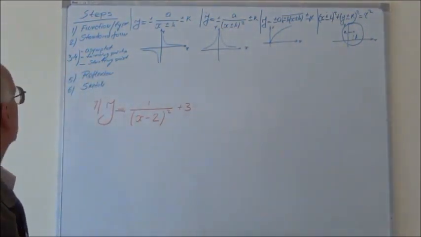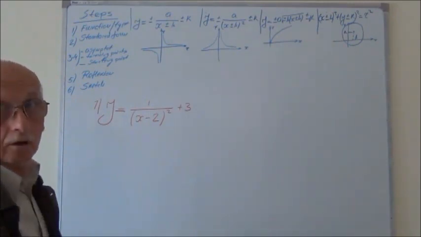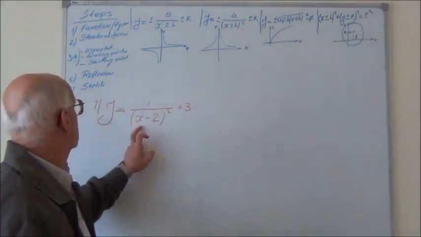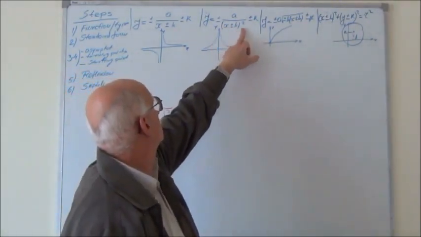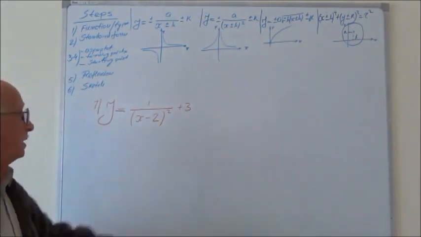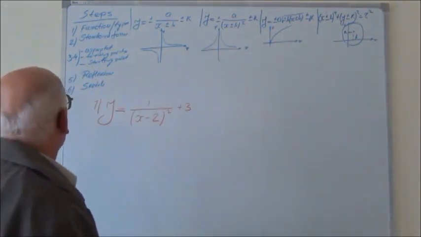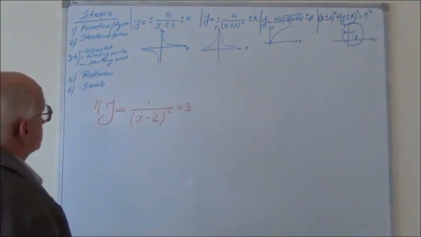Is this truncus in standard form or not? Yes, it is: x minus some number power 2, and plus or minus some other number. If it's in standard form, then the next step is to write the asymptotes.